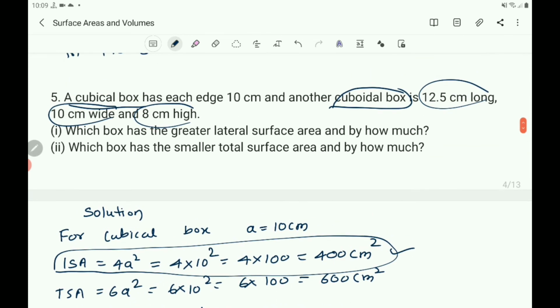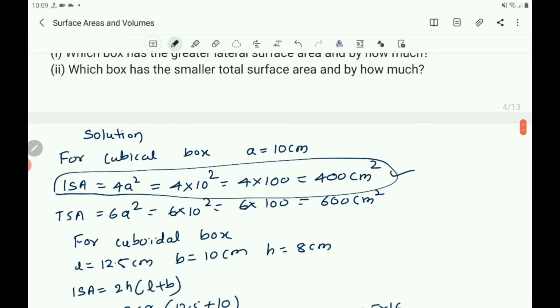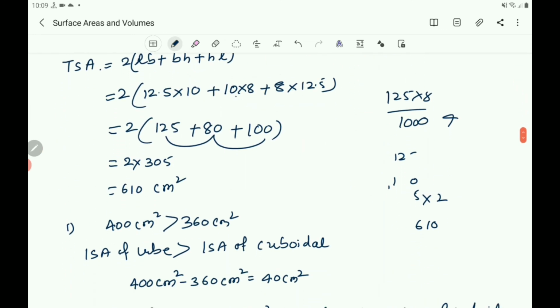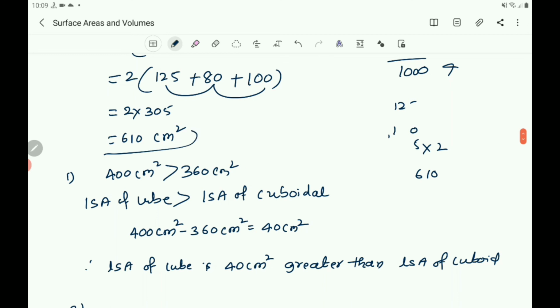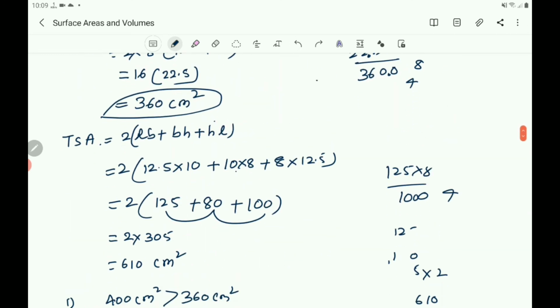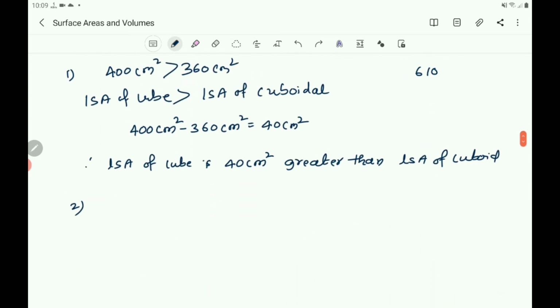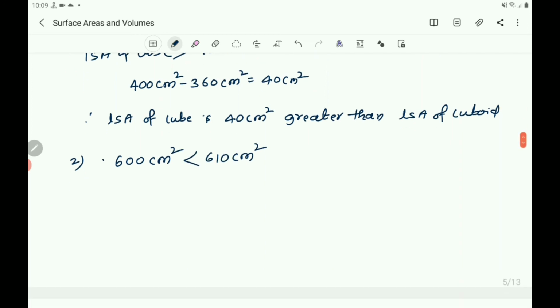Next, the second answer, which has the smaller total surface area. Here the TSA of cube is 600 cm square and TSA of cuboid is 610, which is smaller here? Cube is smaller, so you write 600 cm square is smaller than 610 cm square.